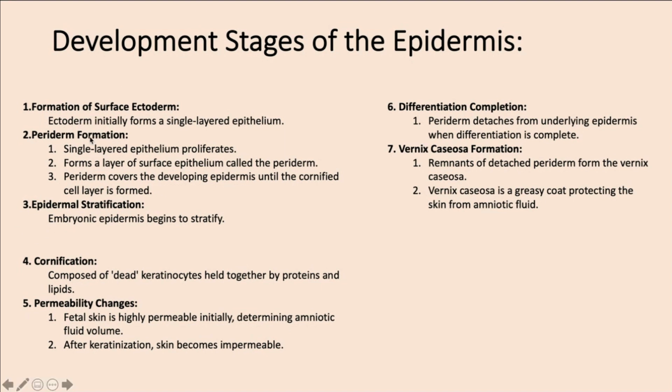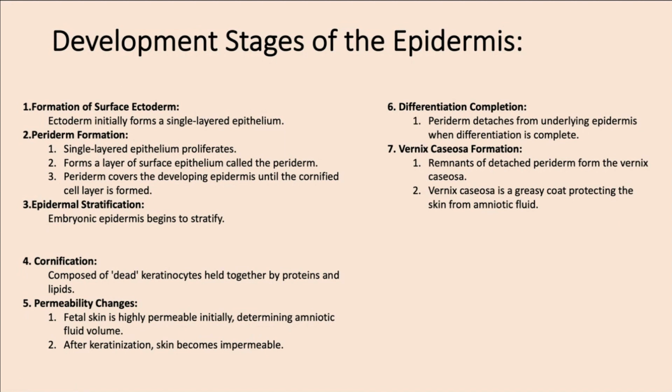Then something called a periderm formed, and the purpose of this periderm is basically to provide a protective layer on top of the epithelium. Okay, and it's there until the epidermis fully develops, and until the epidermis basically becomes cornified, meaning it becomes stronger.